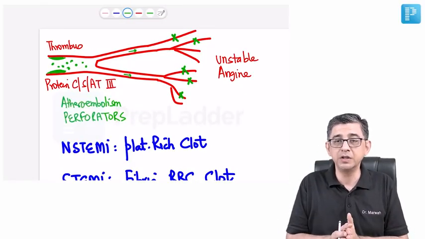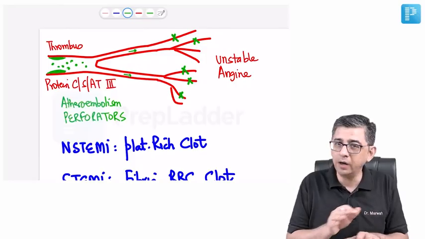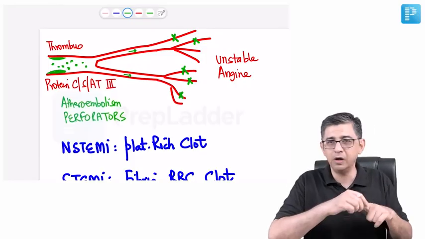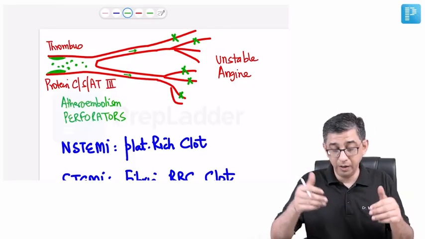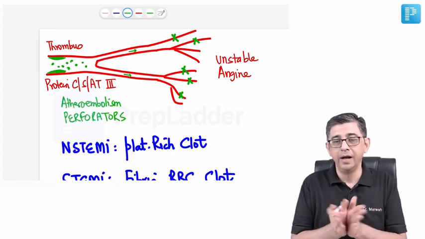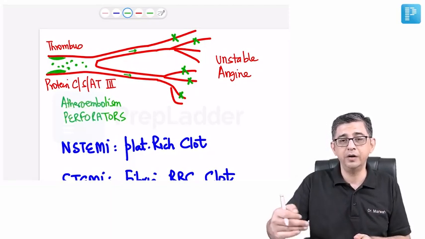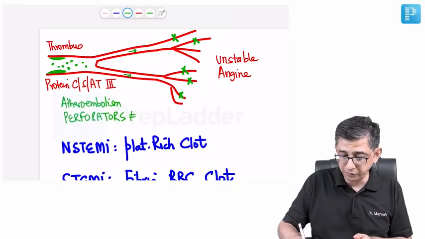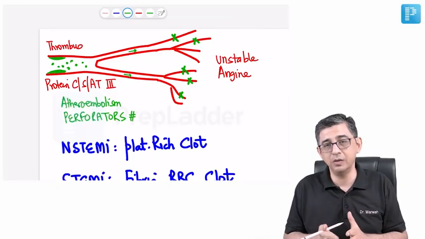In myocardial infarction, there's a thrombus occluding the artery. It could be of two varieties, a fibrin-rich clot or a platelet-rich clot, right? But in unstable angina, luckily, the clot got fragmented and pieces of this clot are getting distributed and are causing blockage of perforators, which will explain the chest pain in this patient.